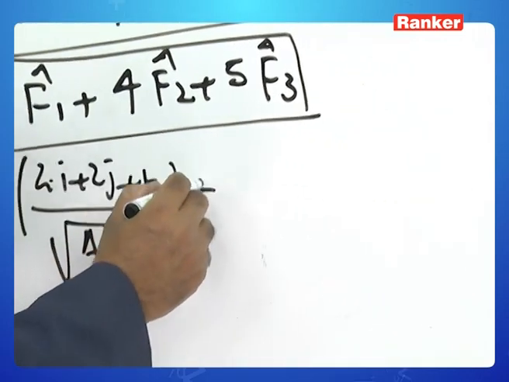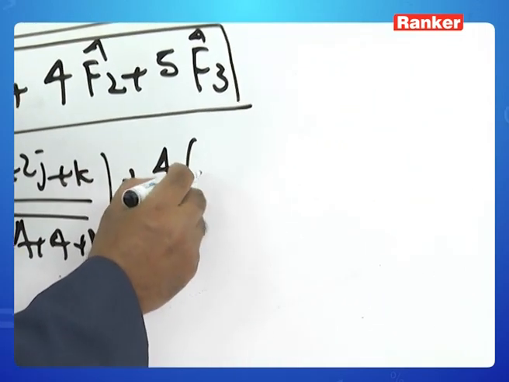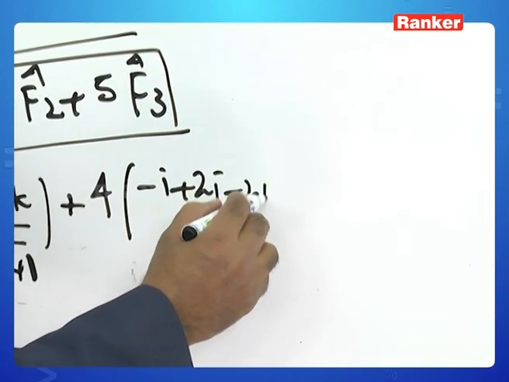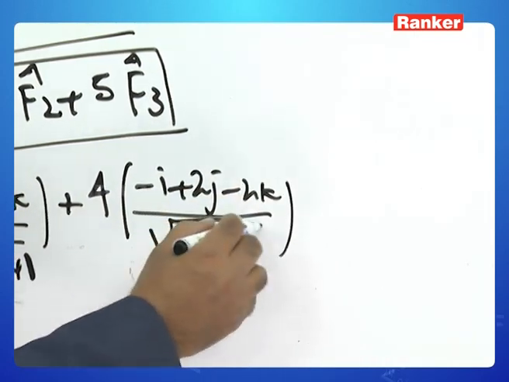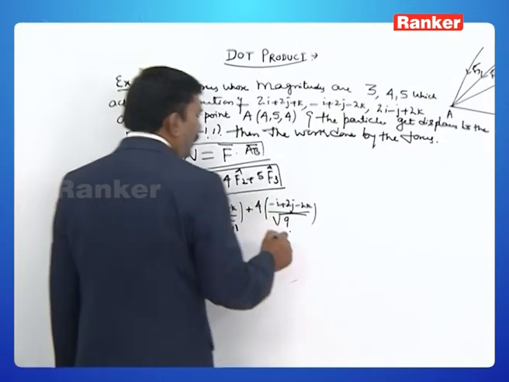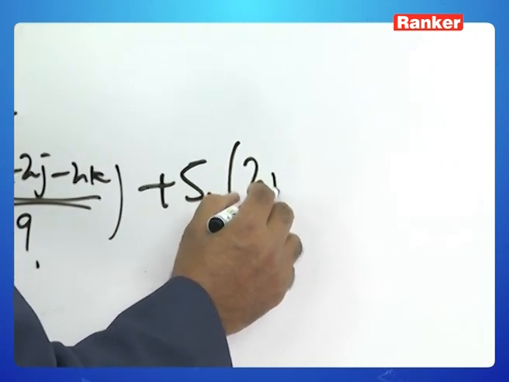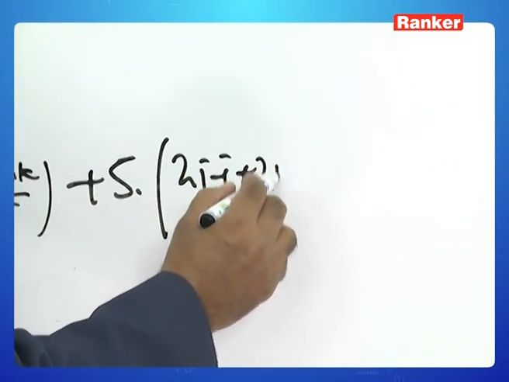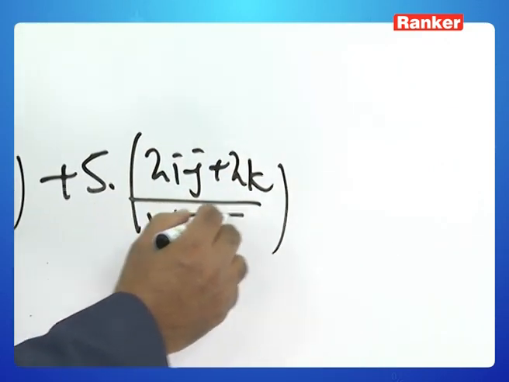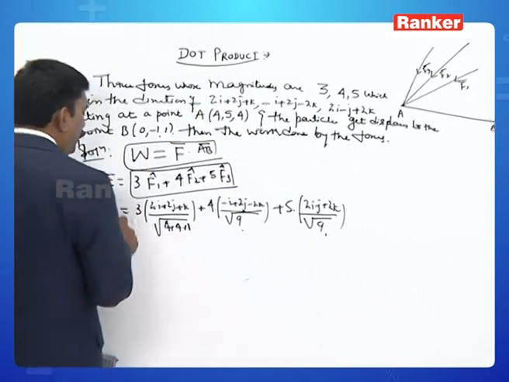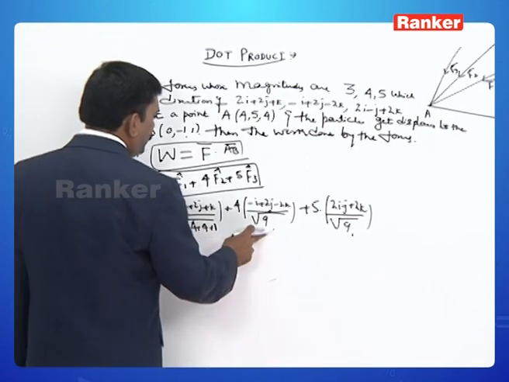Next, plus 4 into (minus i plus 2j minus 2k) by square root of 9. Next, plus 5 into (2i minus j plus 2k) by square root of 9. You can very well observe, this is also 9, this also 9.